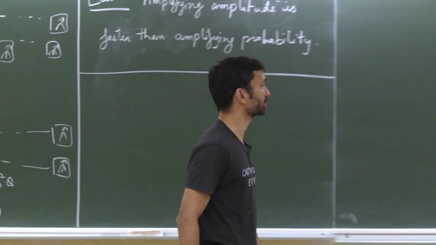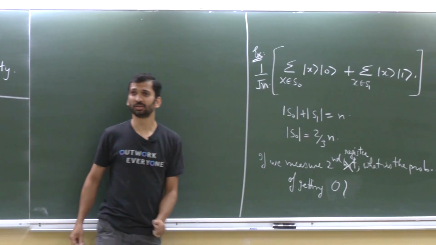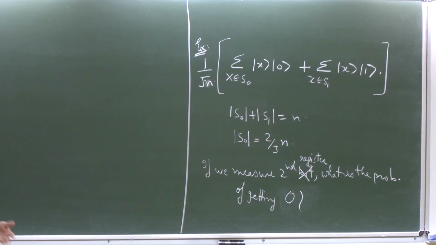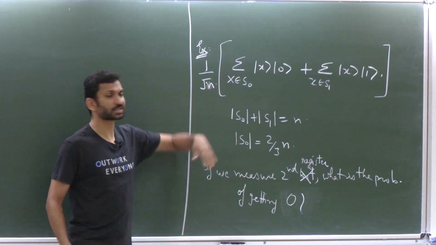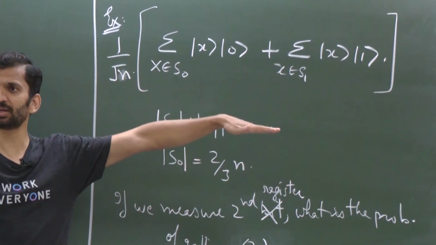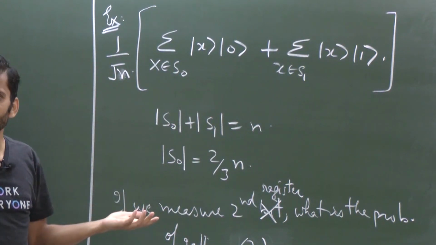Let us start with a small exercise today. Suppose I have this state. You can think of it as coming from this experiment where you have a set of n elements from the set S0 and S1, and then you apply the function value to it.